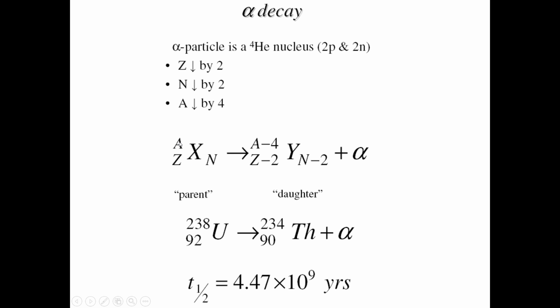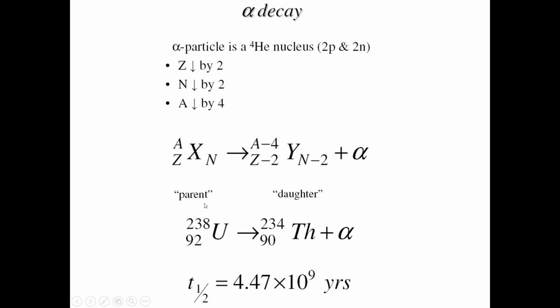A is the atomic mass, and N is the number of neutrons. When this parent nucleus undergoes alpha decay, we have a daughter nucleus with two fewer protons, a reduction in the atomic mass by 4, and again two fewer neutrons, and with that we have an alpha particle.